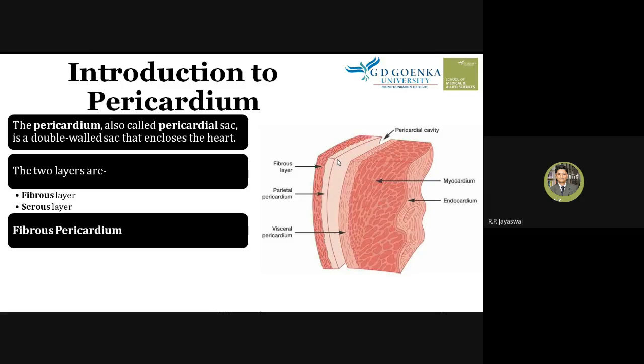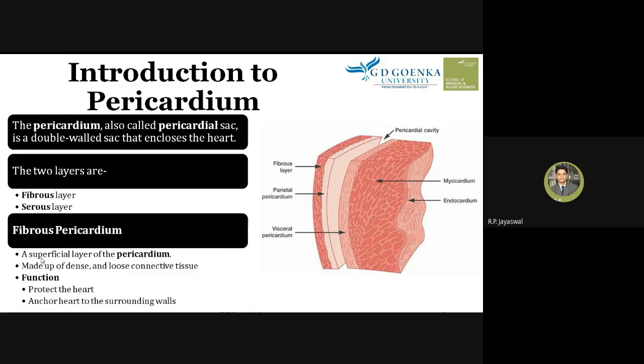The superficial layer of the pericardium is called the fibrous pericardium, which is made up of dense connective tissue. Its function is to protect the heart and anchor the heart to the surrounding walls.